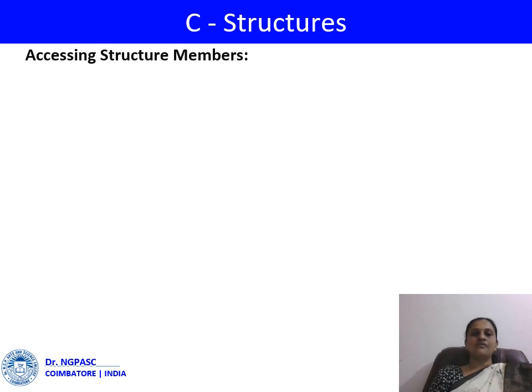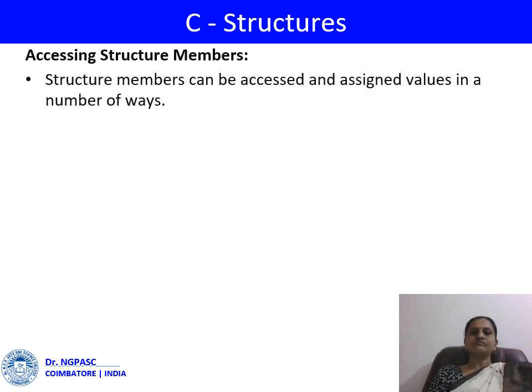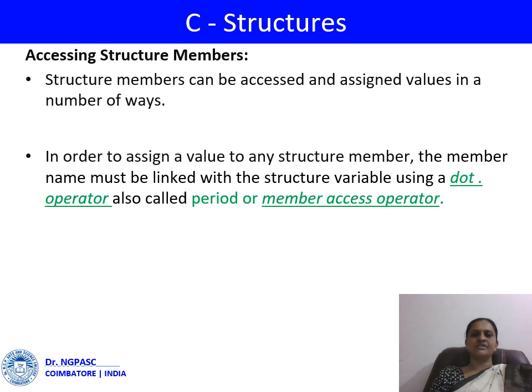Now we will see how the structure members can be accessed. Usually the structure members are accessed using the dot operator. During the definition, the compiler knows the size of the structure.